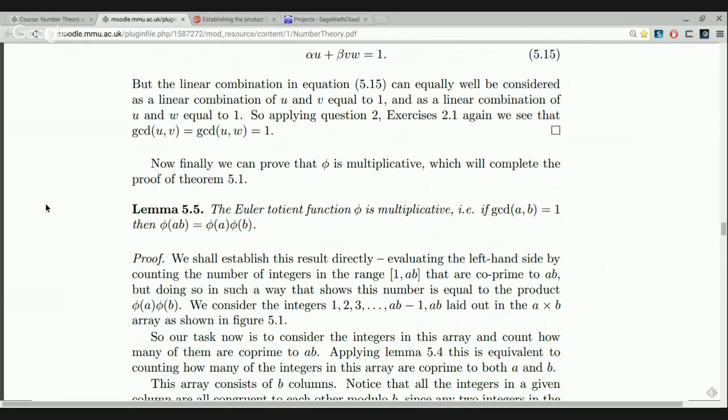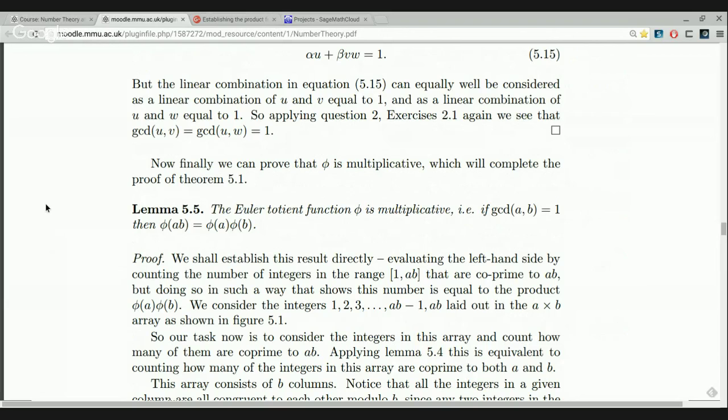We're looking at the numbers in this range, 1 up to AB, and we're counting the number of them that are co-prime to AB. That's the left-hand side, phi of A times B. And we're going to count them in such a way that shows that the number of things in this list that are co-prime to AB is equal to this product. So there's no funny proof by contradiction or induction proof or anything. We're just going to lay it out and prove directly that the left-hand side is equal to that.